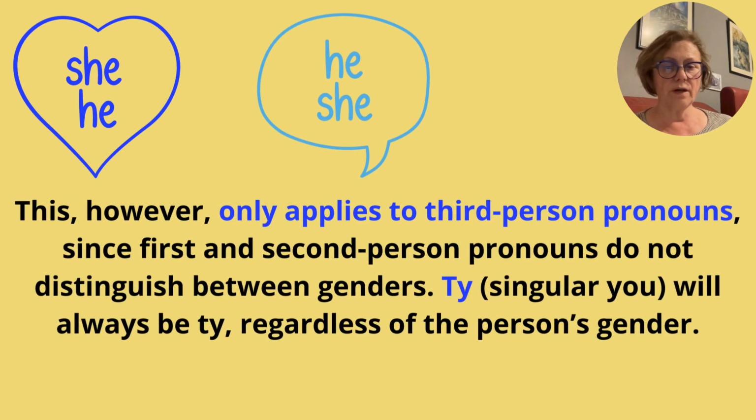This, however, only applies to third-person pronouns, since first and second-person pronouns do not distinguish between genders. Ty, singular you, will always be ty, regardless of the person's gender.